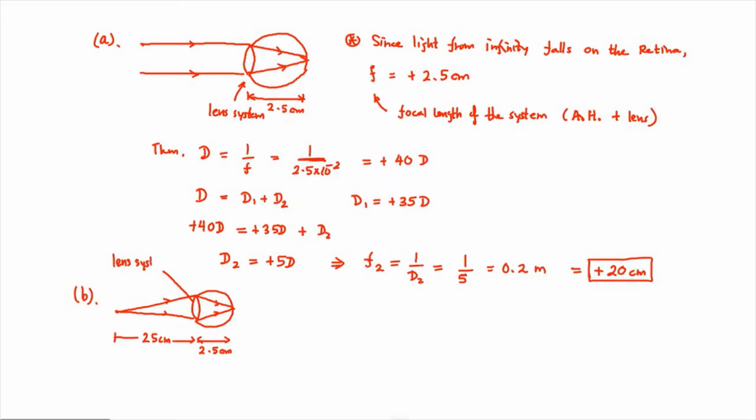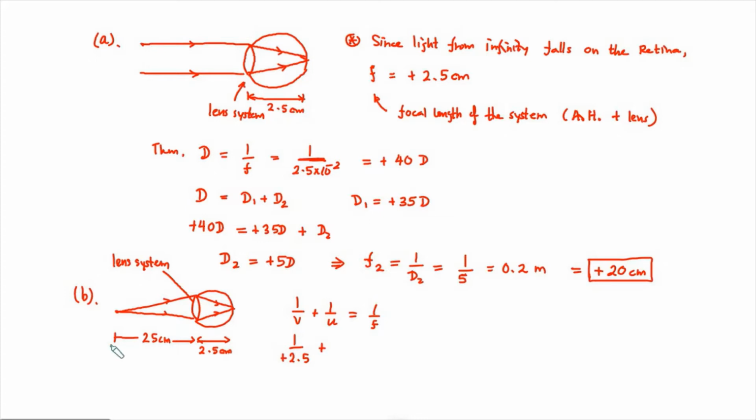Now in this case, we can use the thin lens equation, 1 over V plus 1 over U equals 1 over F, to figure out the focal length of the entire lens system. V is considered the image distance. The image distance is to the right of the lens, so that's a positive value, plus 2.5 centimeters.